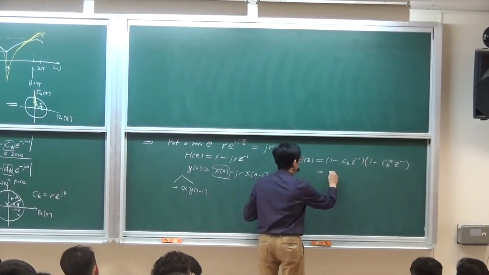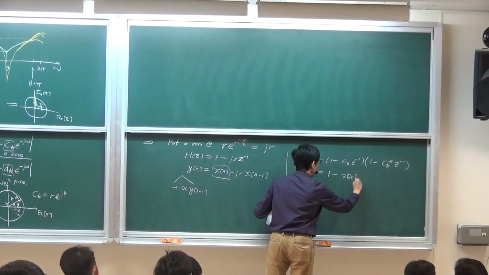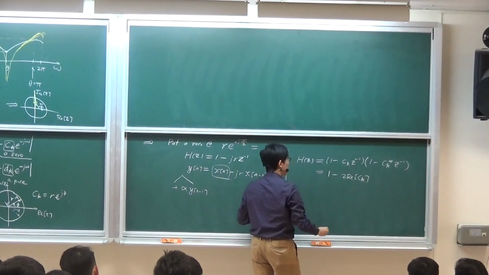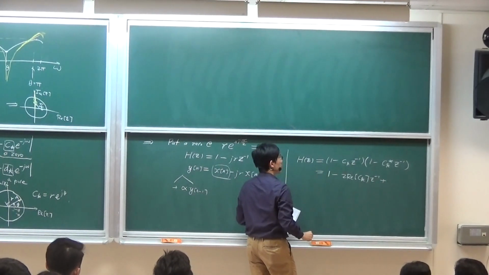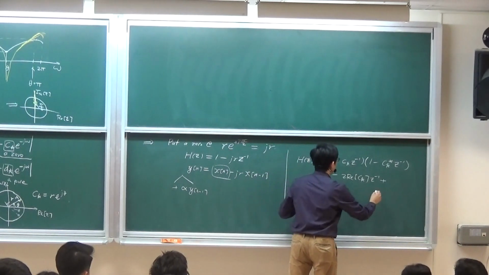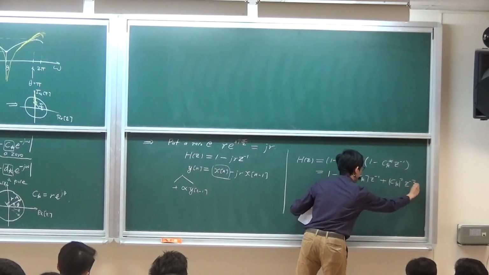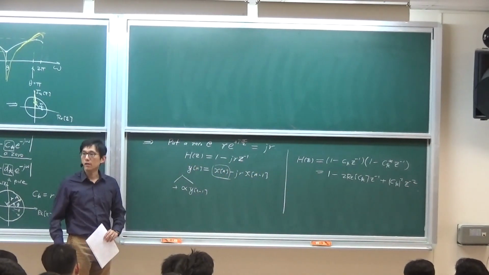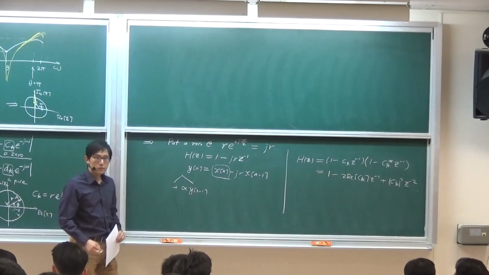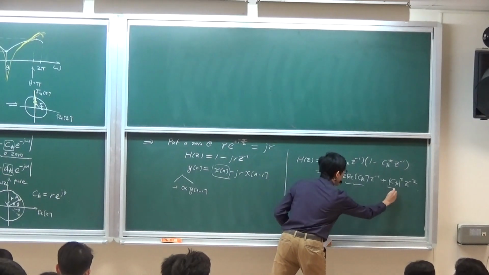Okay? Because this is exactly 1 minus, let me work it out, 2 times the real part of c_k, z inverse. And now the z to the minus 2 term, the square term, is exactly the magnitude of c_k squared, z to the minus 2. So now you see that all the coefficients become real valued.